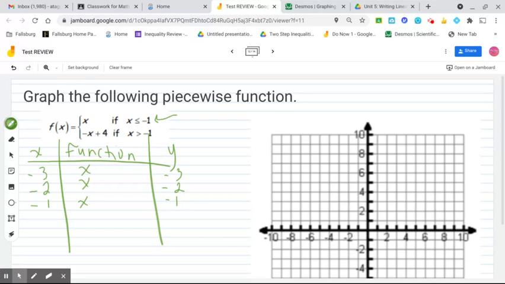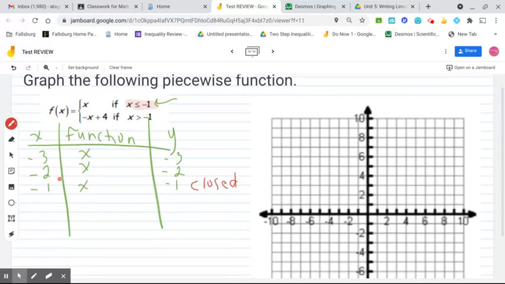Okay, but the really important thing here is when x is less than or equal to negative 1. So that means that this point right here is going to be a closed circle when we graph it. Okay, now I have negative x plus 4. Maybe I'll do 3 points for that.